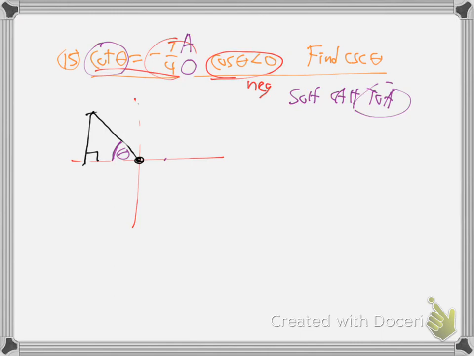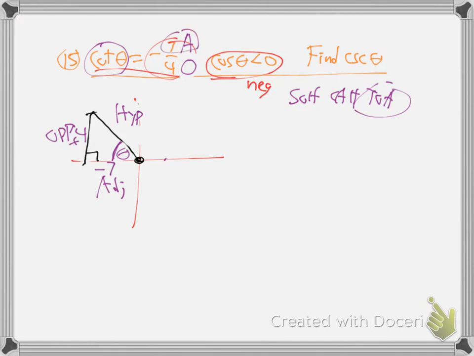Then I said, okay, SOHCAHTOA, tangent's opposite over adjacent. So this is upside down, cotan, adjacent over opposite. So now this is adjacent side, opposite. This is the hypotenuse from that angle. So adjacent minus 7, up 4. Back 7, up 4.